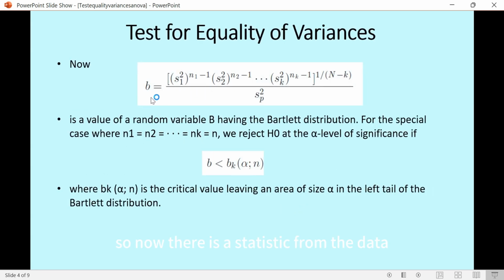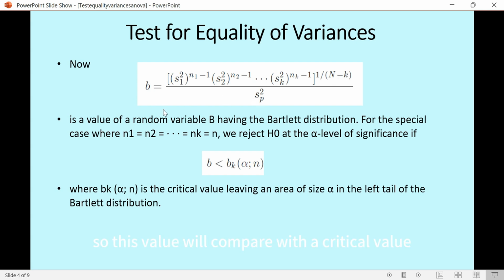Now there is a statistic from the data based on the group variances and the pooled sample variance. This is the product of each group sample variance raised to the power of its sample size, then taken to the power of 1 divided by n minus k, and then divided by SP square.